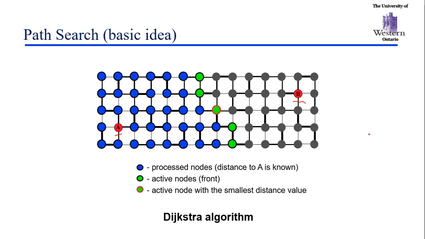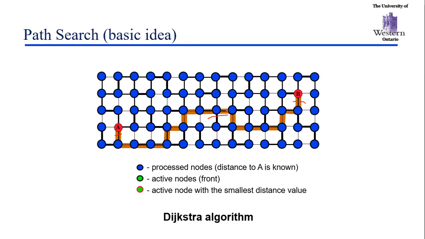From the active node with the least cost, which is this one, we expand like so, and then we make that processed, and then pick the least cost one, and expand along that also, right? And then we go there, and then you see from B to A there are these arrows pointing. So there is only one path like that. So along that path you can follow.